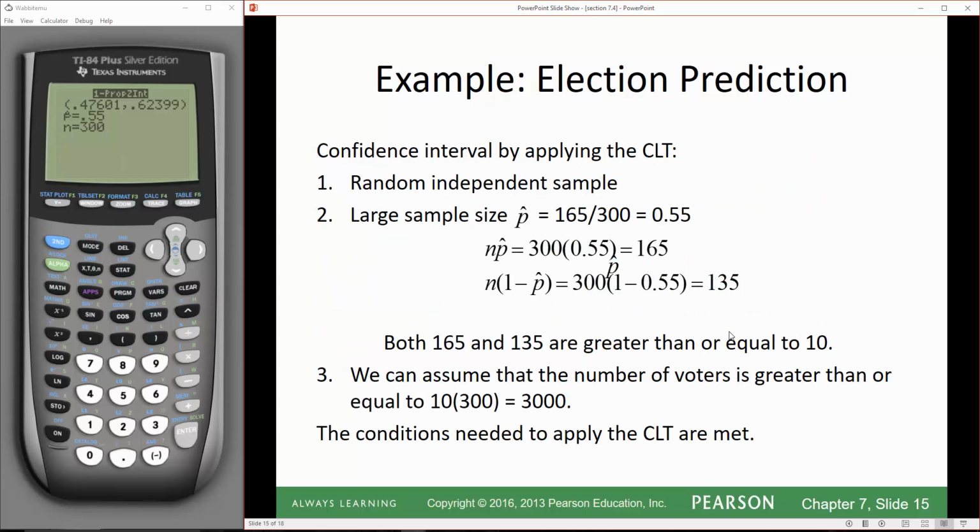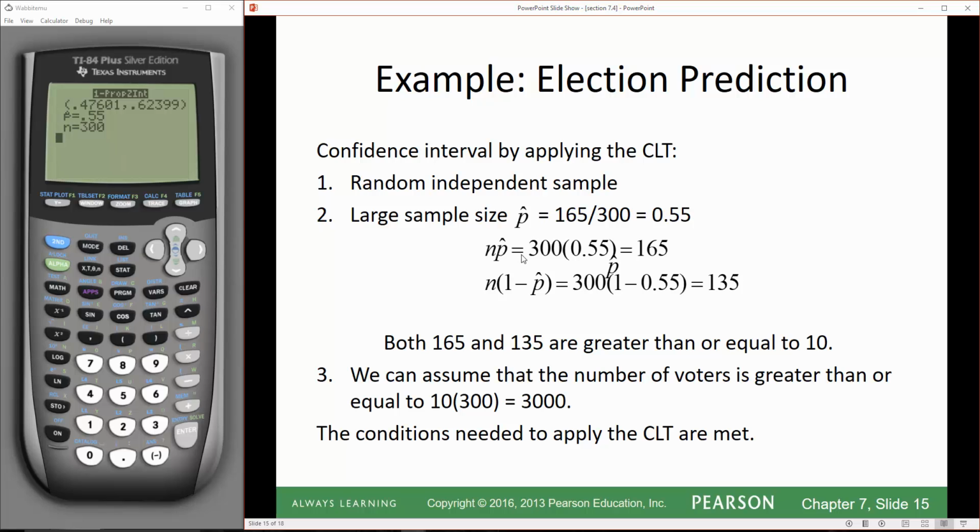So let's go to the next slide. With this next slide, I calculated this. Well, first we gotta check all of the requirements for the CLT, right? All of our assumptions. So one, we do have a random independent sample. Now you need to check your sample size.